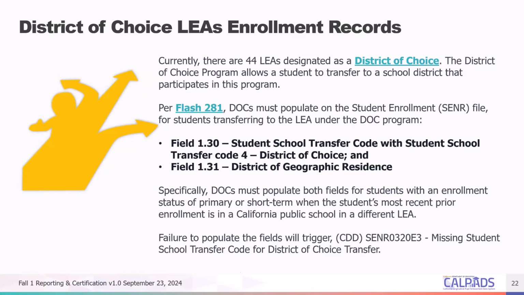If they're within your district boundaries, then the guidance was 6/281 provides that guidance. District transfer code 6 is other. And then if you populate a transfer code, you have to populate the district of geographic residence. That's a 7-digit CDS number for the district or the school district they would be coming from.